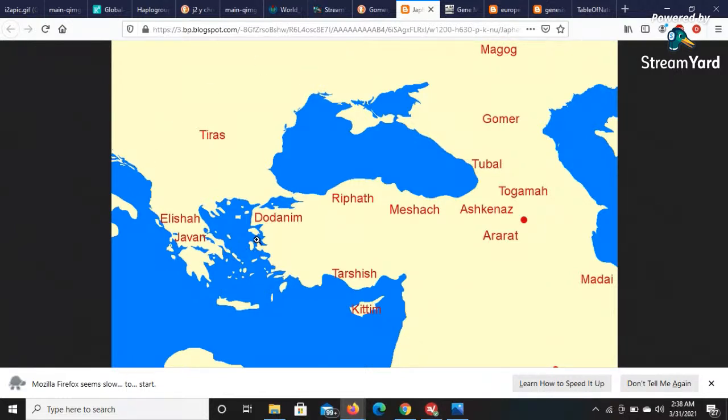This is pretty close. We got Meshach and Tubal here. We got Gog over here, Gomer, Tubal over here. Ararat right there. Let's see what we got in the way of the Y chromosome.